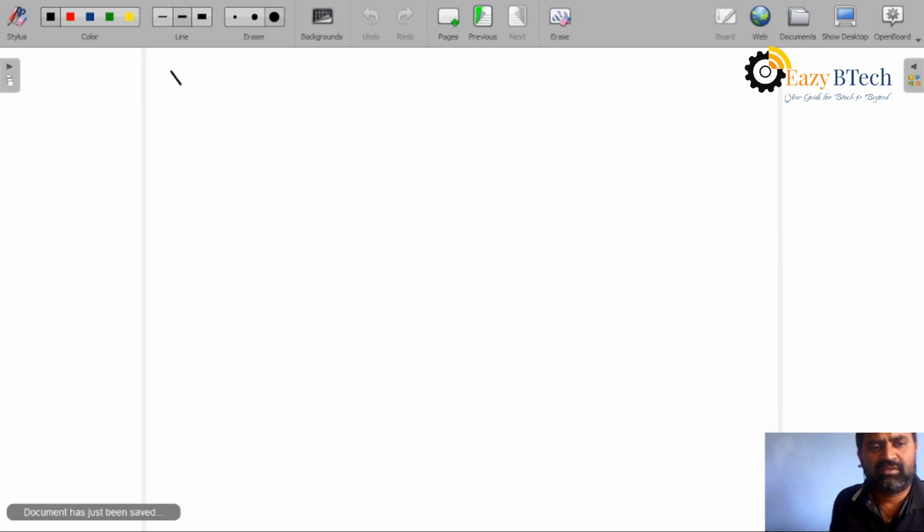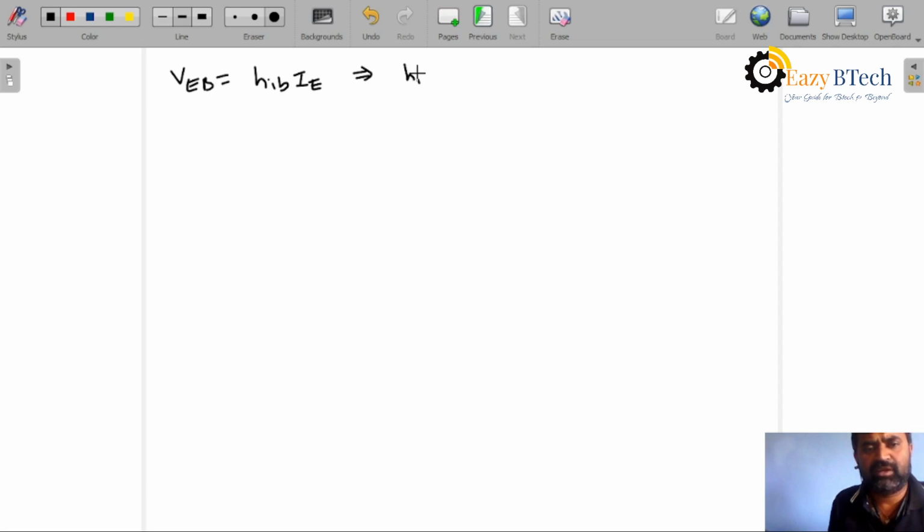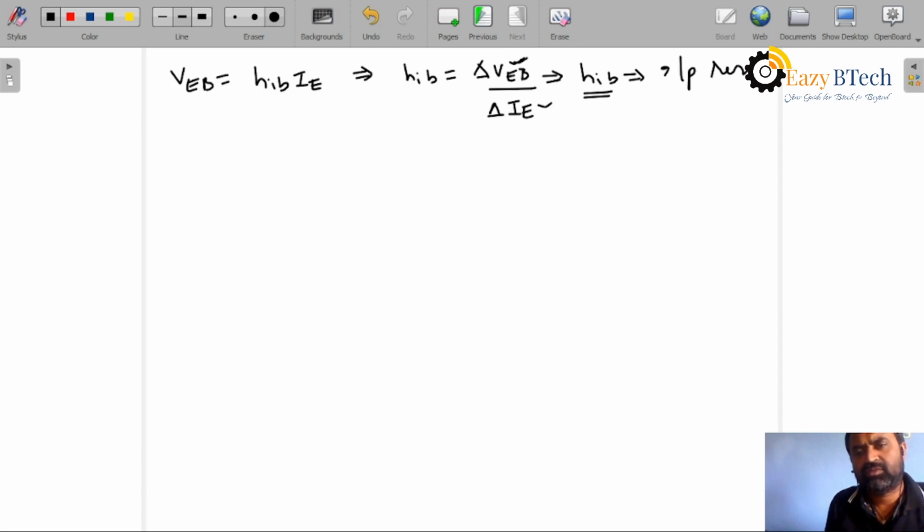Now you can see VEB is equal to HIB into IE. We can obtain the value of HIB as change in VEB by change in IE. This is the value of HIB. This is input voltage by input current. This we simply call as input resistance, or input impedance.